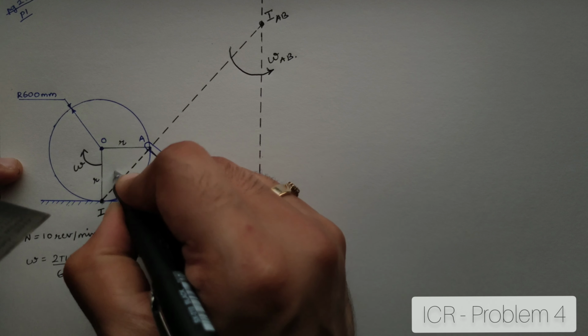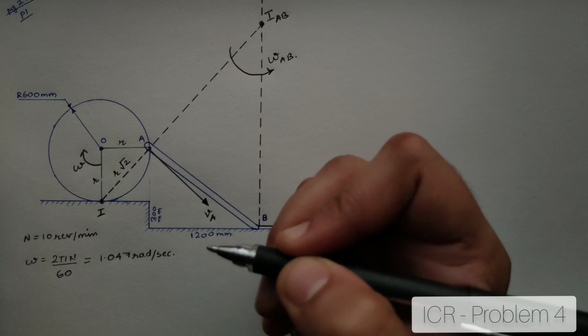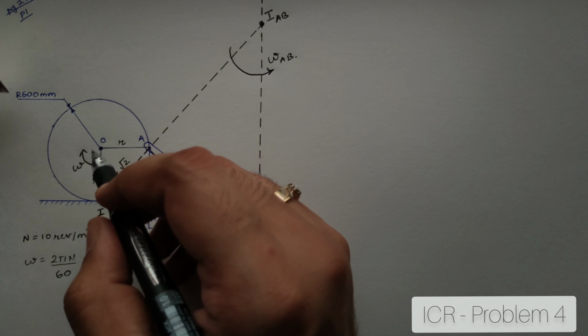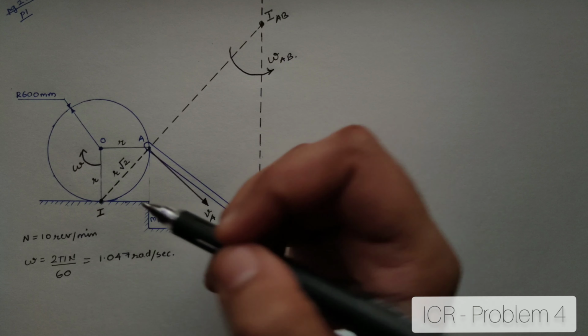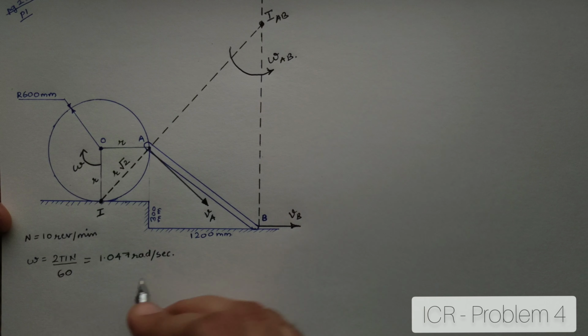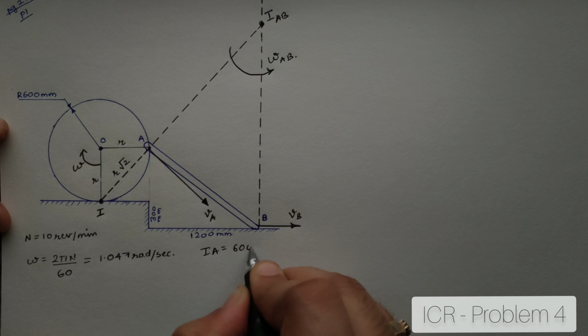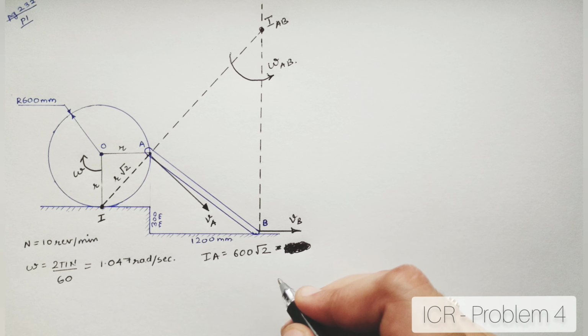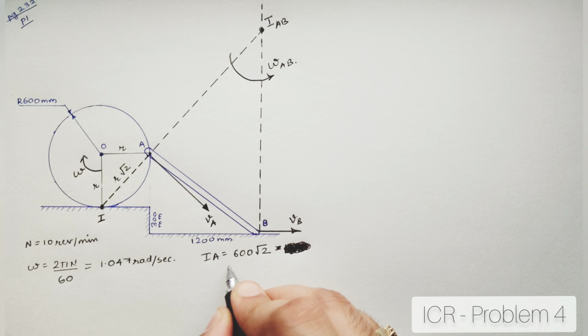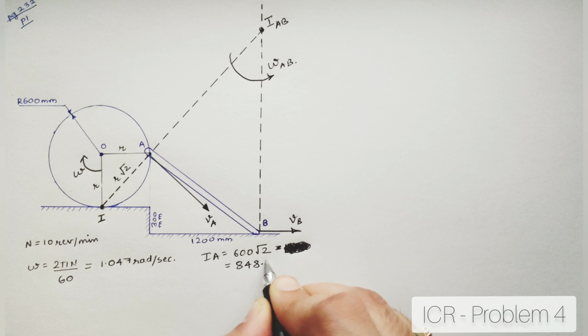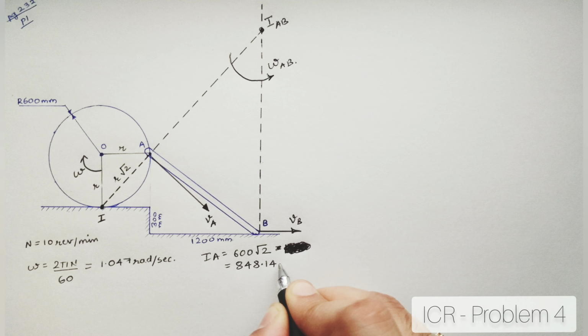So this will be radius root 2, for which the radius is given as 600 millimeters. So radius root 2 will give me the distance IA. IA is equal to 600 root 2, so IA comes out to be around 848.14 millimeters.